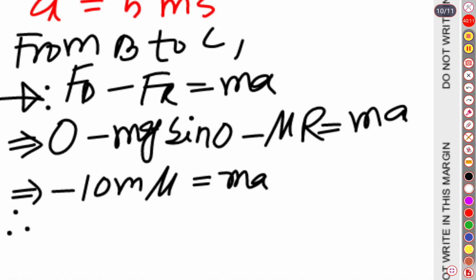Hence our acceleration, if we dissolve the masses, is negative 10 mu. Negative 10 mu is the acceleration from B to C, meters per second squared.